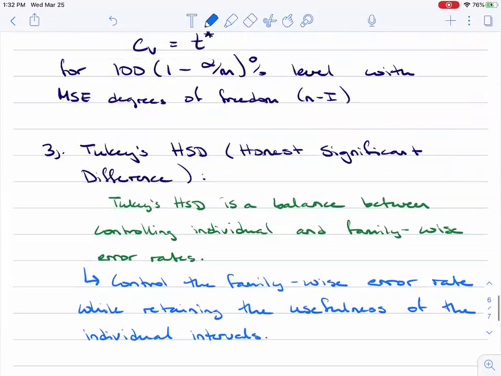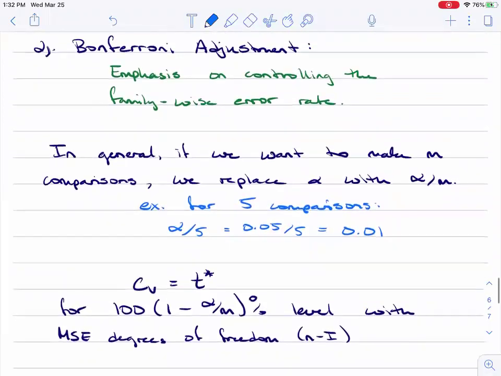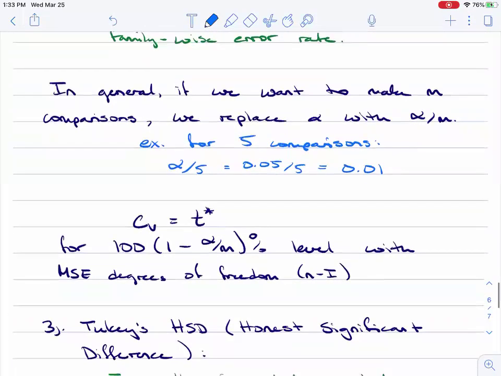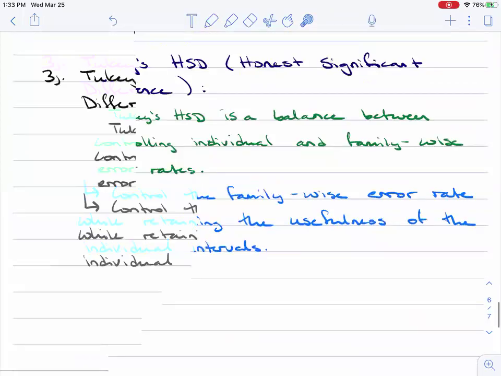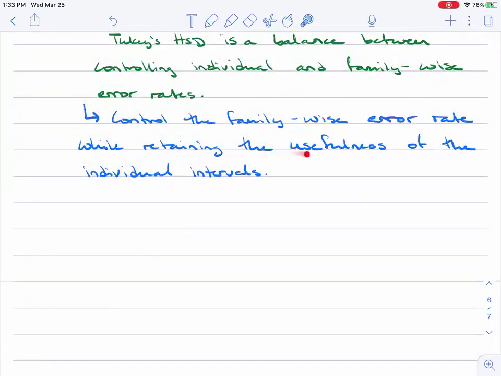Because what happened over here in the Bonferroni adjustment, right, now we're making huge confidence intervals, or our confidence level gets huge, right? So instead of a 95% confidence interval, now I would make a 99% confidence interval, for example, right? Which would mean that my bounds are huge. And so I've got this wider confidence interval. And so that's what it means when we say, while retaining the usefulness of the individual intervals, right? We want our intervals to be precise enough or kind of tight enough to tell us something. Right?